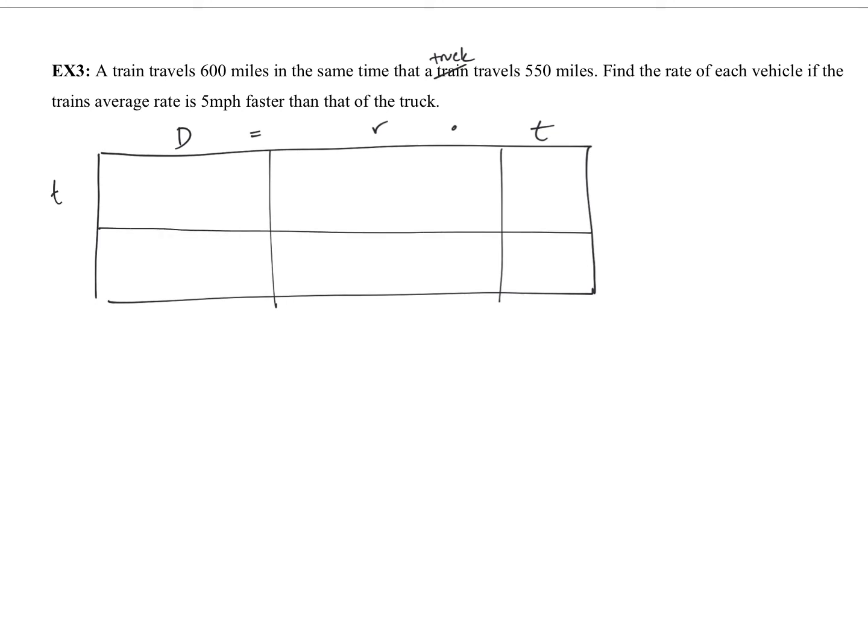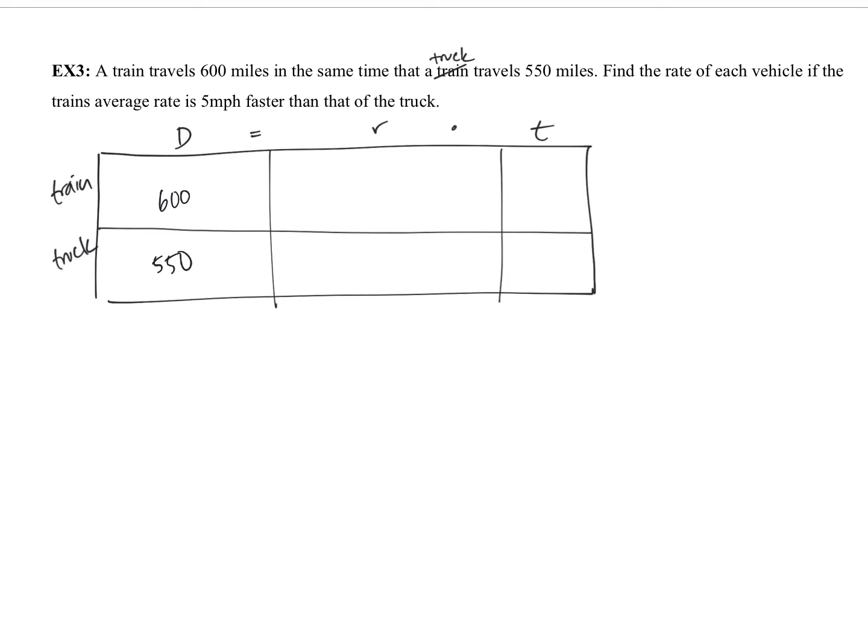We have a train and we have a truck. All right. And what do we know? Well, we know the train travels 600 miles in the same time that a truck travels 550 miles. So the distance 600, 550. And we want to find the rate of each vehicle if the train's average rate is 5 miles per hour faster than that of the truck.